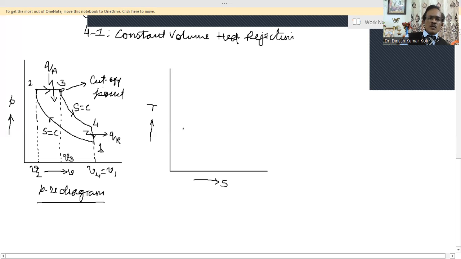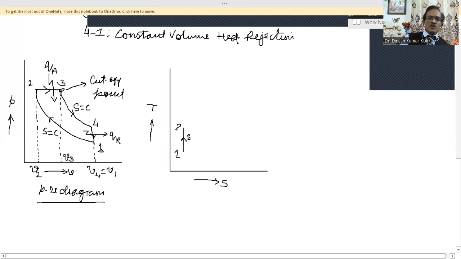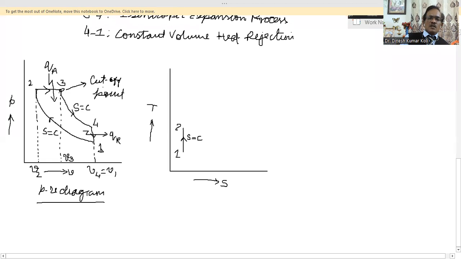We can draw a vertical line showing the isentropic compression. This is point 1, where the compression starts, and point 2, where the compression of the air ends. This is the isentropic process, so we write S equals constant.